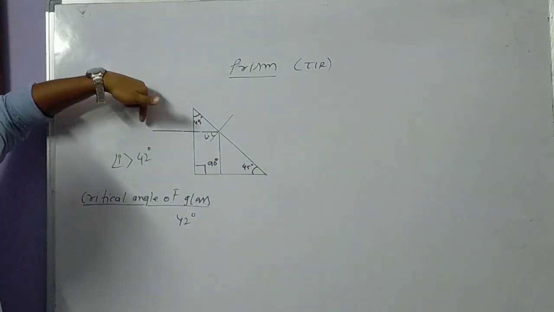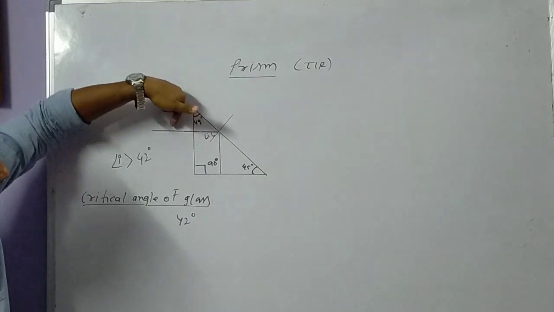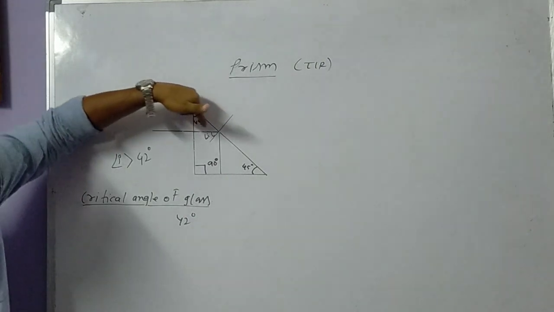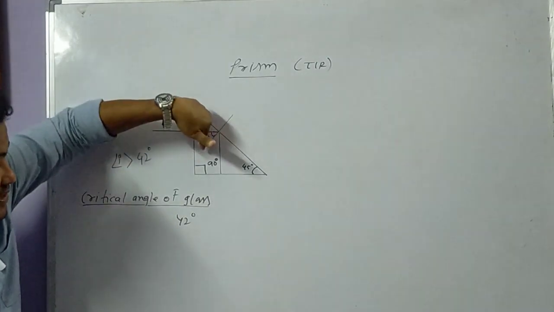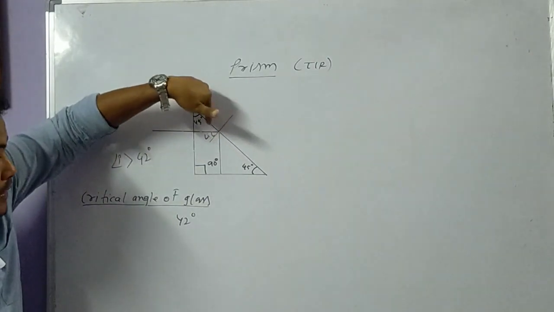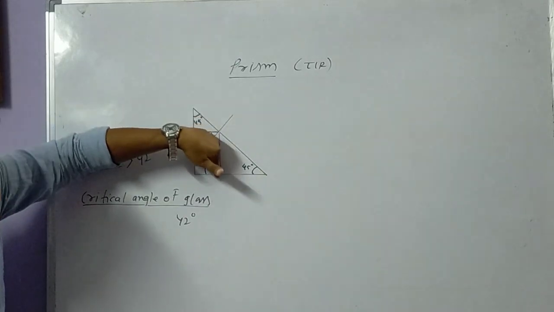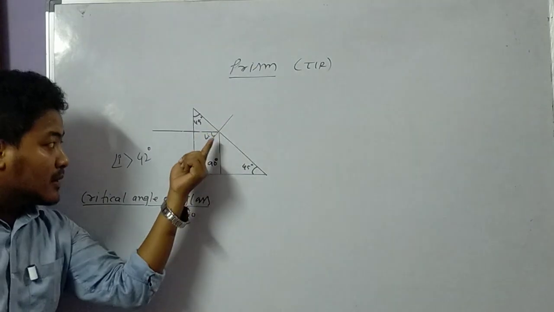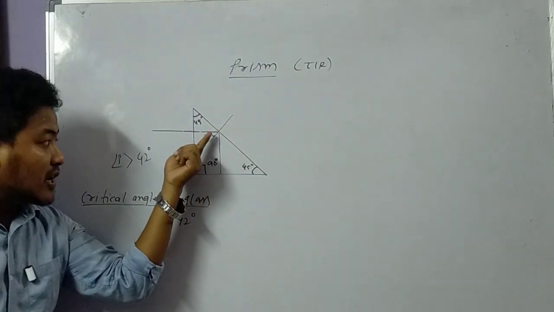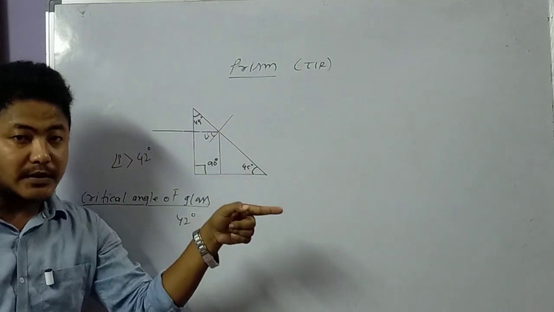So once this ray enters here at 90 degrees, it will go undeviated, but before being refracted, since this is denser medium and this is rare medium, it will be reflected. Why? Because if I make the normal here, this will be the angle of incidence, and this angle of incidence will be 45 degrees.